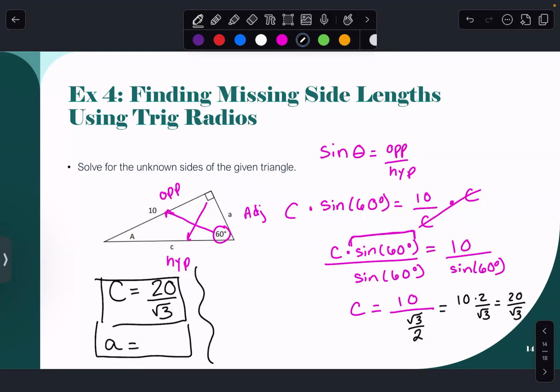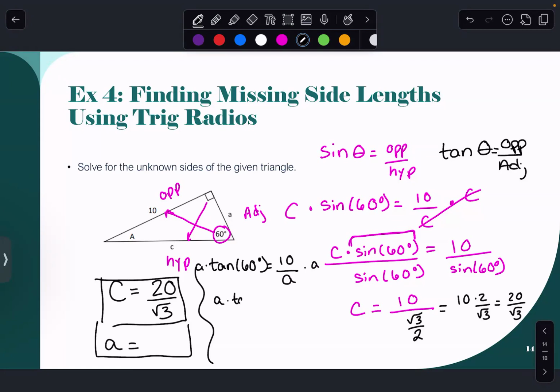So to find A, let's say tangent of 60 degrees is equal to, and tangent is opposite over adjacent. Okay, so my opposite side is 10. My adjacent side is A. And I'm using this because I'm trying to find the unknown. So I'll do that algebra.